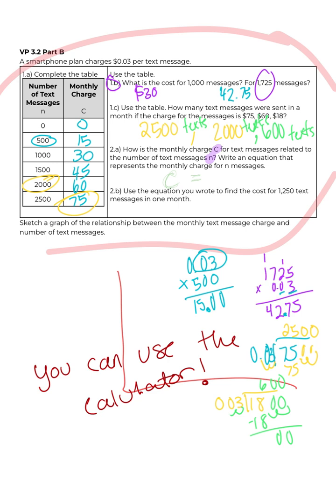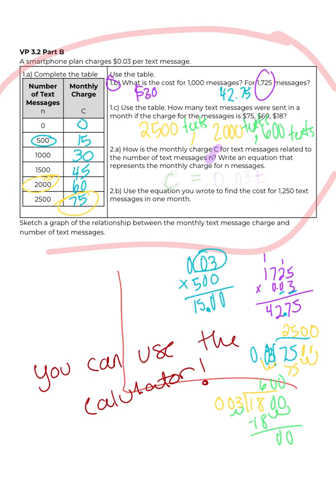Now back to our equation, which we have kind of left you hanging, so let's figure that out. C equals something. And we know that each text costs $0.03. So C equals 0.03 times the number of texts.